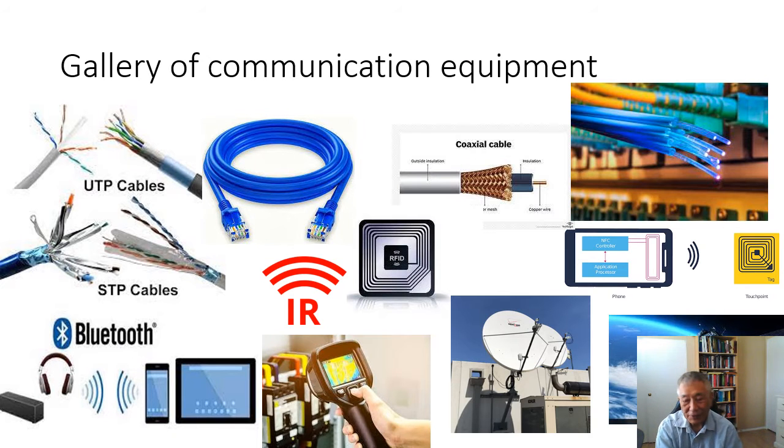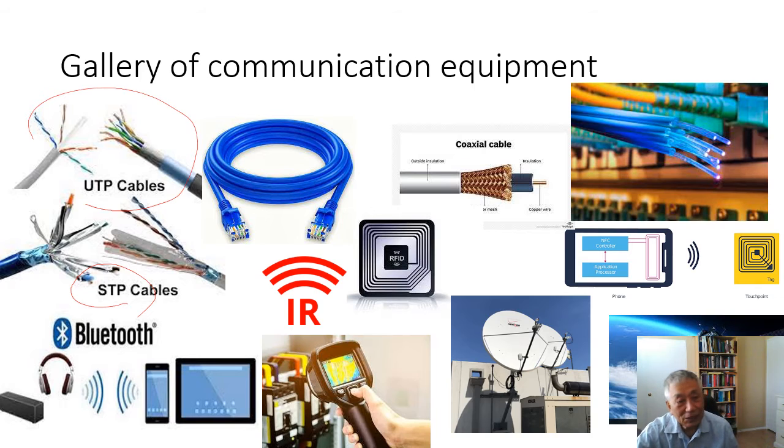So here are a few pictures. This is a twisted pair. I don't know whether you can see well or not, but this is UTP and STP. U is unshielded and STP is shielded. TP, of course, is twisted pair.